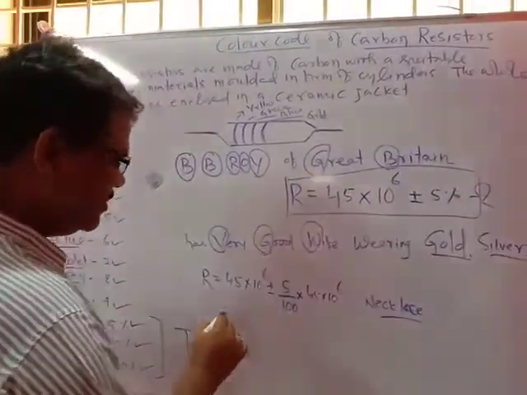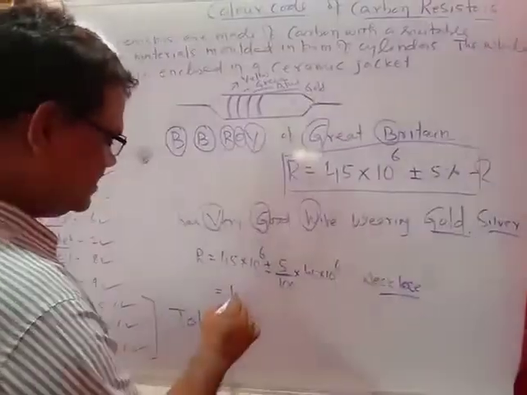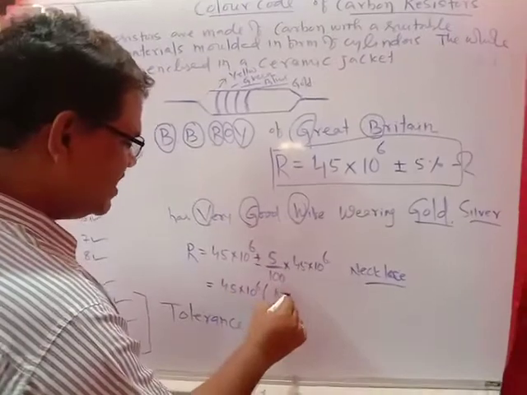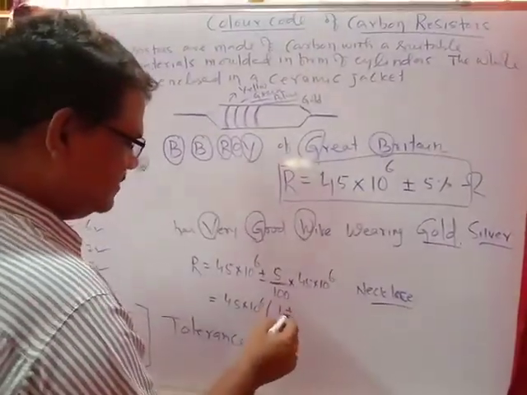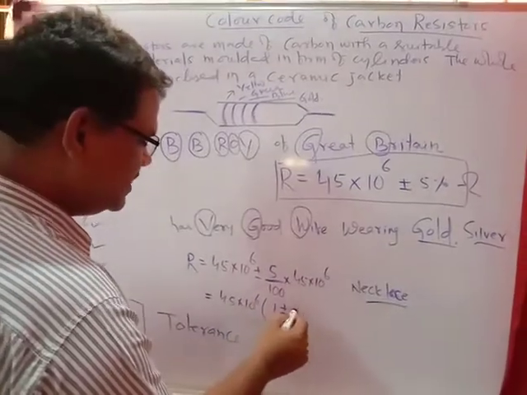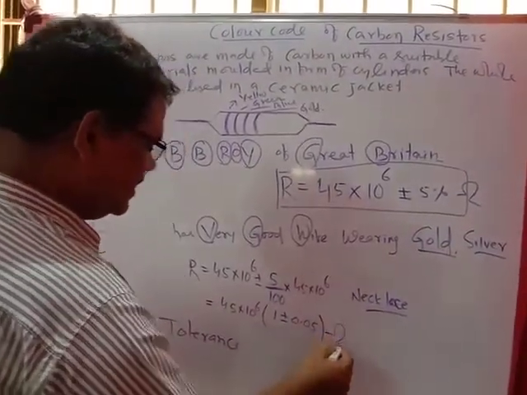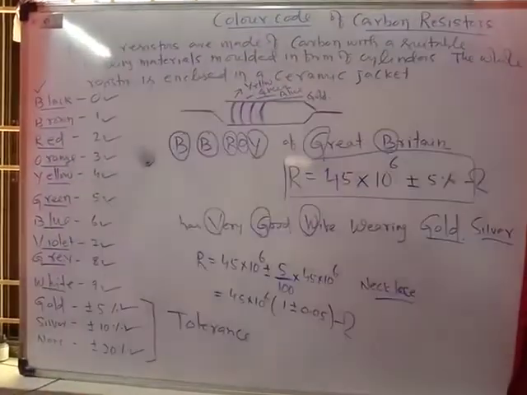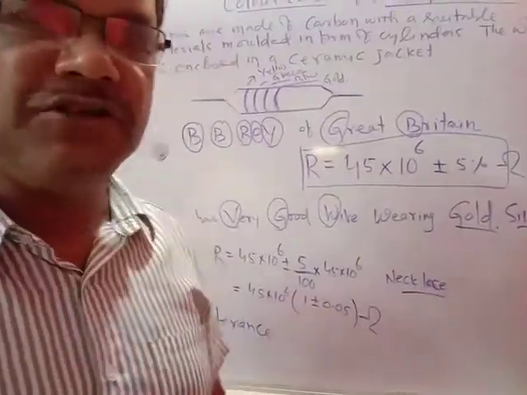Taking 45 into 10 to the power 6 out, the remaining is 1 plus or minus 0.05. So the total resistance is 45 into 10 to the power 6, bracketed 1 plus or minus 0.05 ohm.